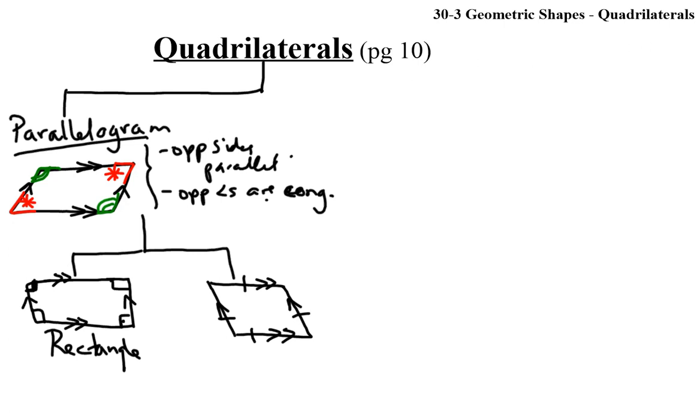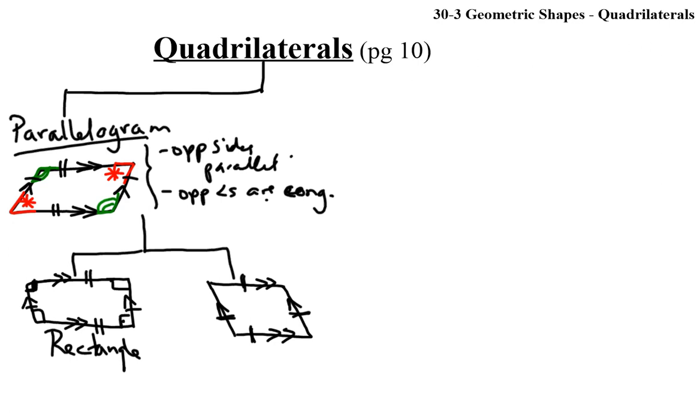We have double ticks on that side, single ticks on the other sides, because not only does a parallelogram have equal sides across from it, but in this case all sides are equal.